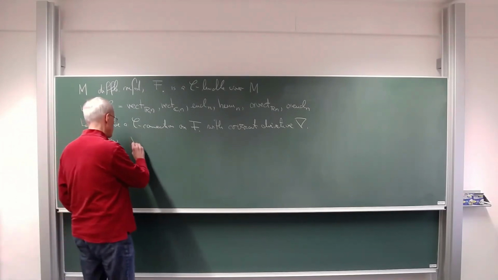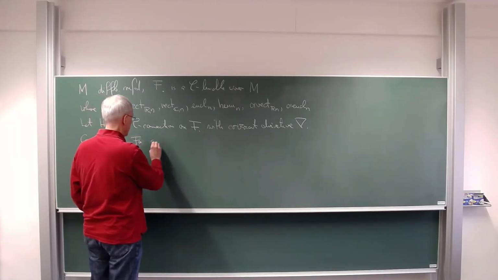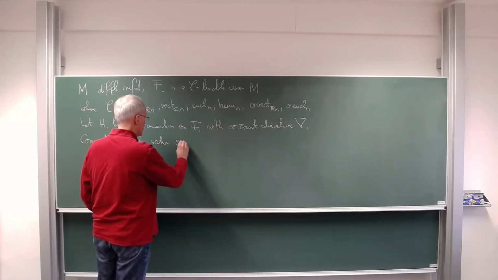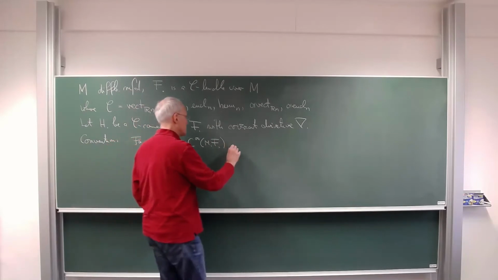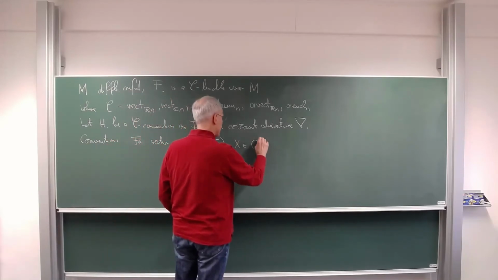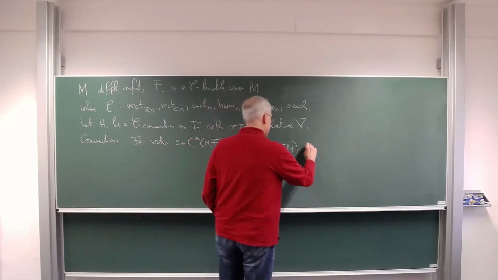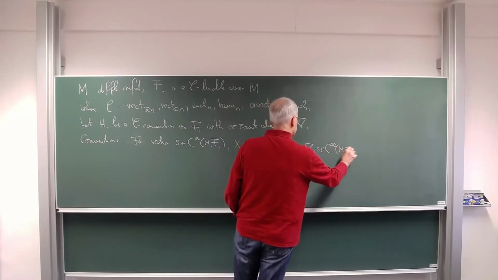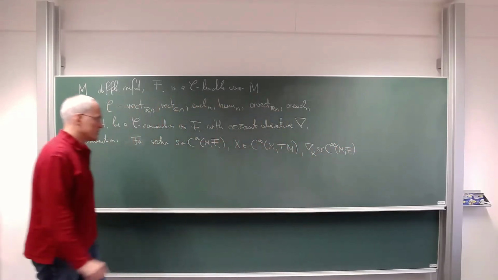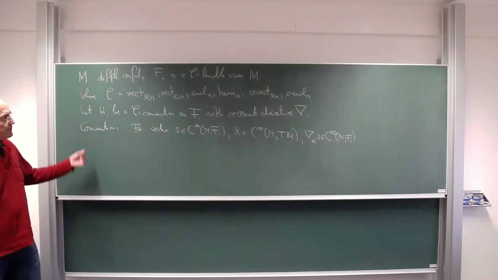For simplicity, I want to use that for any section S, this is a section of my bundle, and X a vector field, then nabla_X S is again a section of the bundle. While we remember in general it's a section of the vertical bundle, but in the case of vector bundles it can canonically be identified with the bundle itself.